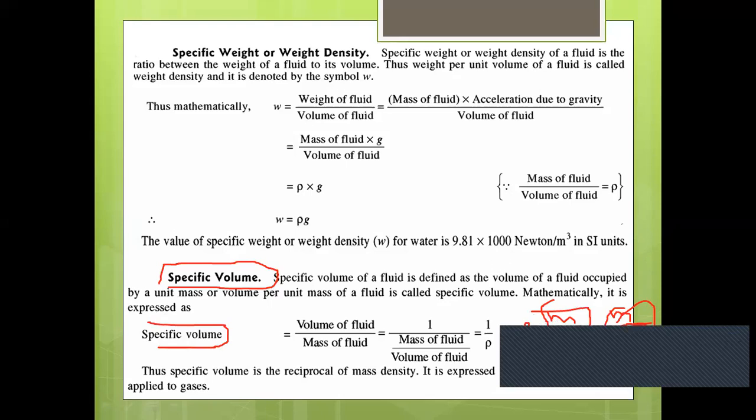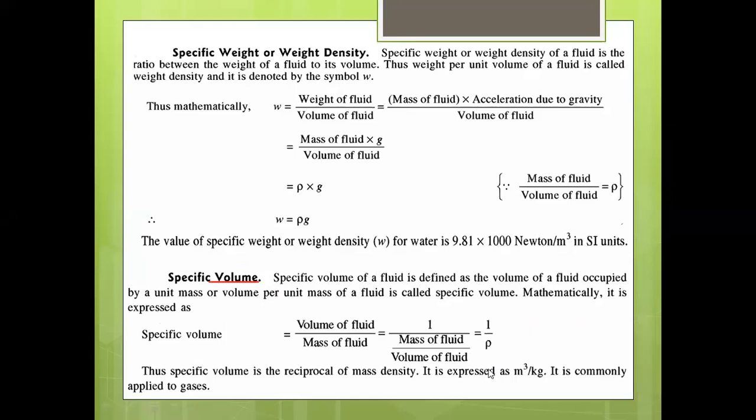To avoid such a problem, scientists and engineers considered this property, because mass is an entity which cannot be changed. Volume can change, but mass cannot. According to the law of conservation of mass, mass can neither be created nor destroyed.